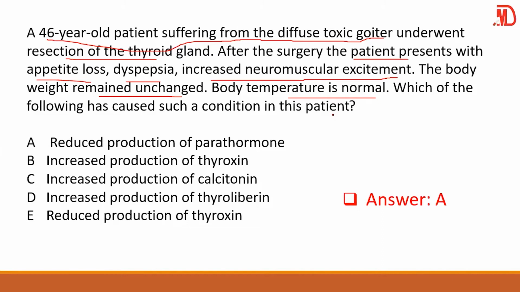Of course, there will also be reduced thyroxine because it's also a hormone produced from the thyroid. But over here, our major focus will be the parathyroid hormone, and we are talking about neuromuscular excitement. Calcium can play a very big role in all those areas.